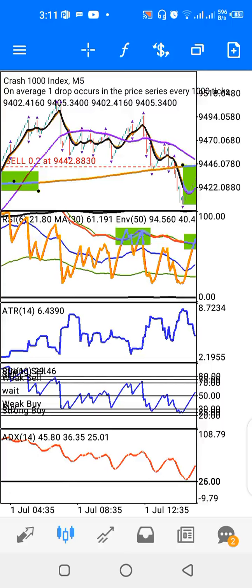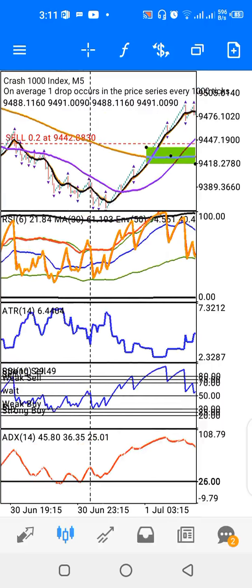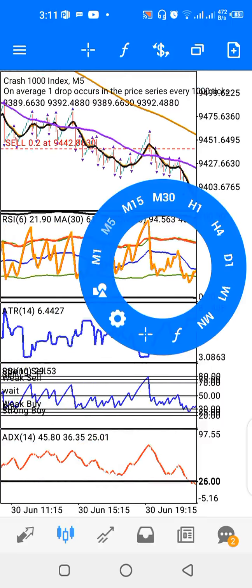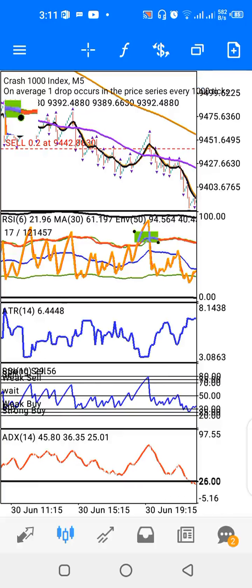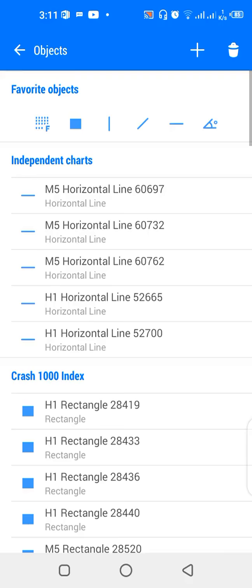So when you have a development like this, look for a sell signal. That is, the red and the orange line goes above and then starts to come down towards the blue mid line. Look for sell opportunities. Now this is for crash index. For boom index, the reverse is the case.